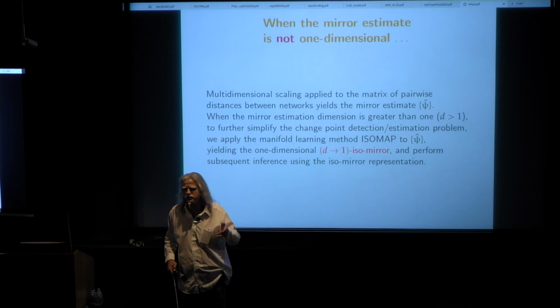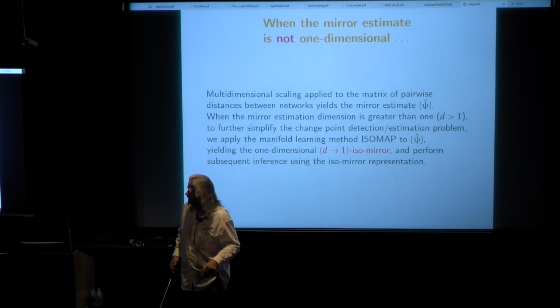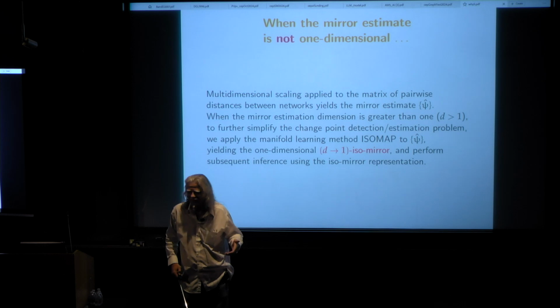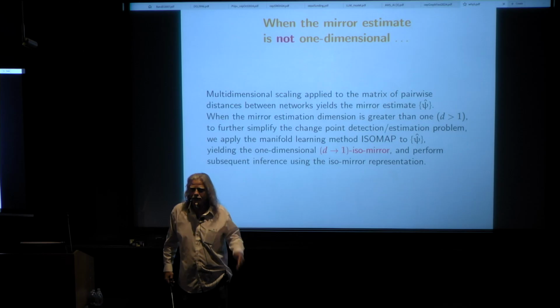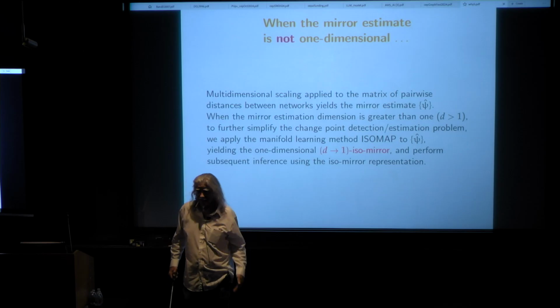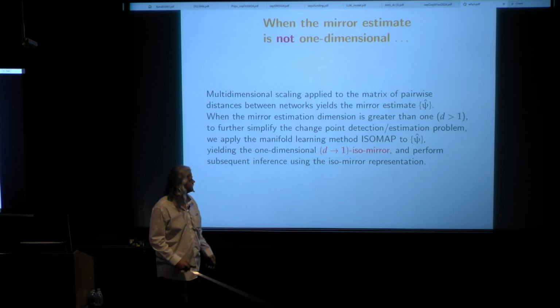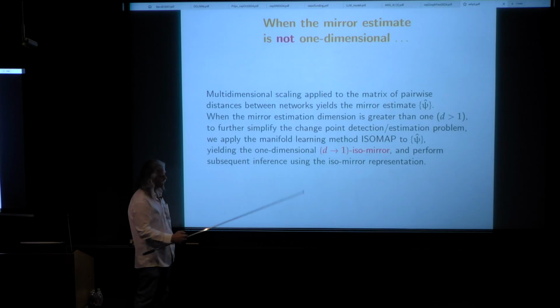And if I want to do something on them, cluster them or do ANOVA, since that's what dinosaur statisticians do, I mean, what else are you going to do? That's complicated. So instead I do isomap to one dimension, and then I get this thing. I've lost some information, but I know how to deal with it. That's what I call the D to 1 isomap.